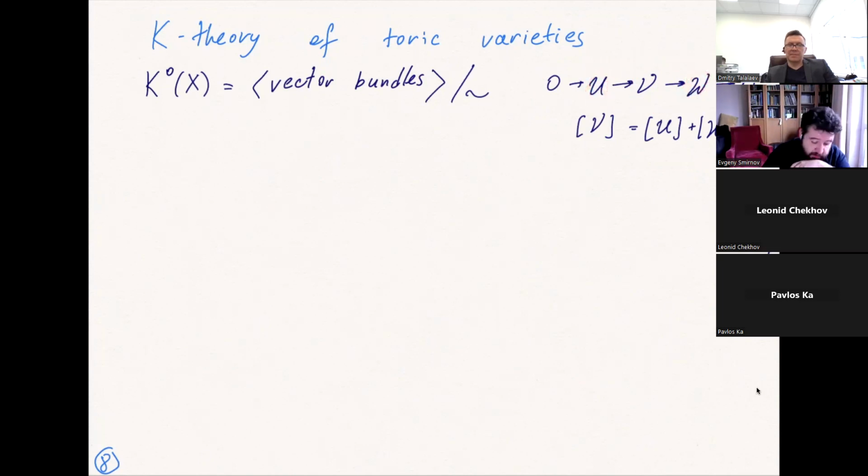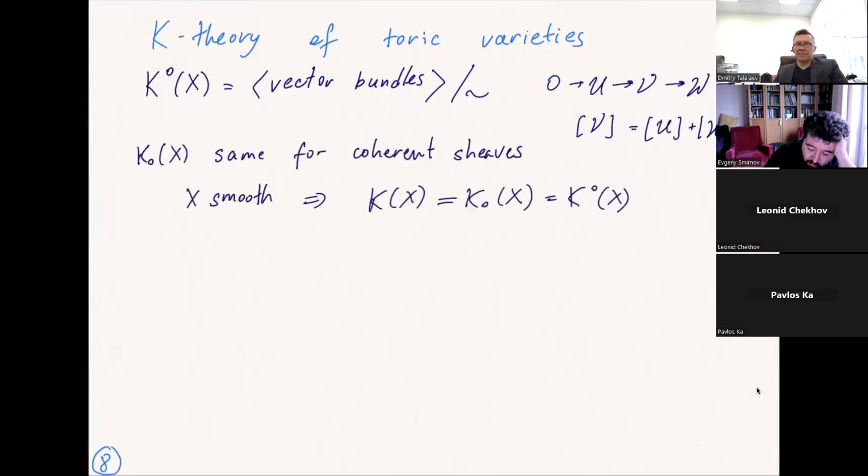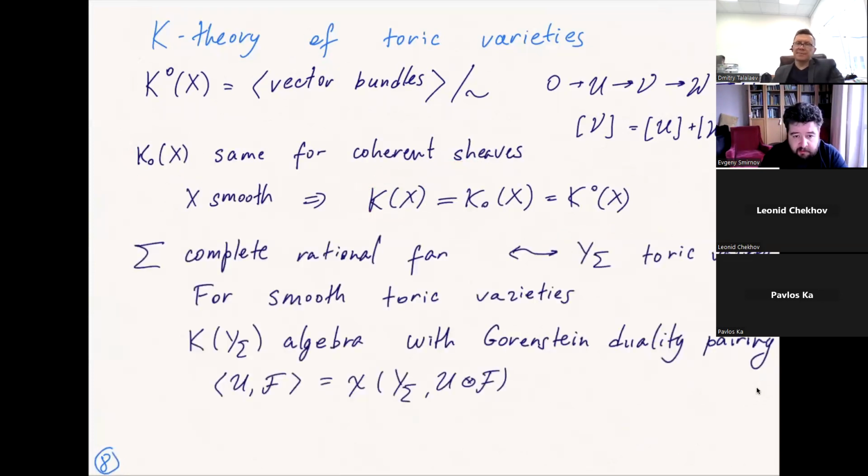So I take a free abelian group generated by these, or just a vector space. Maybe I prefer to work over Q; this doesn't matter much actually. So I take a vector space generated by these and mod it out by this relation. Or I can do the same for coherent sheaves and get what is usually called K lower 0. But for smooth varieties, these are the same, so I'll refer to them just as K of X.